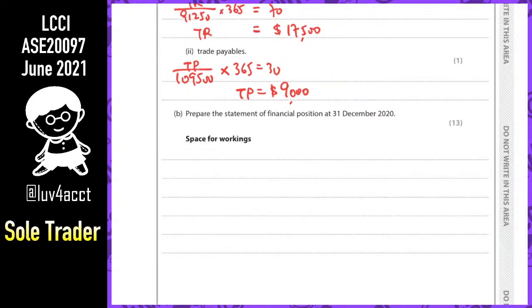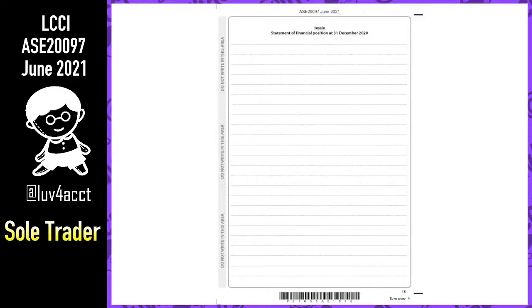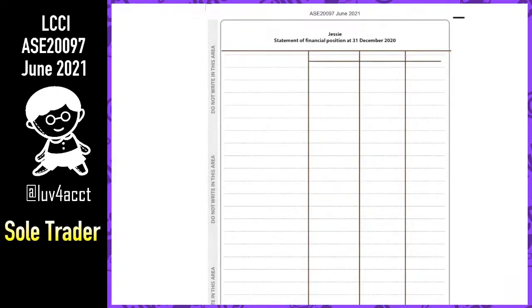Okay, so prepare a statement of financial position. Space for workings is given to you. 13 marks. So I will draw the format first. 3 lines, 2 lines, 3 lines, because I would like to show the cost, accumulated depreciation, carrying value.